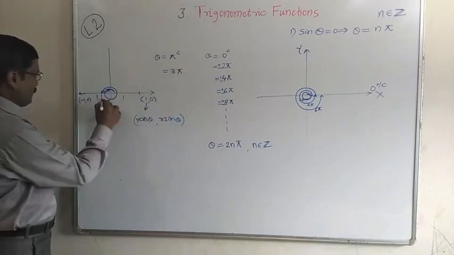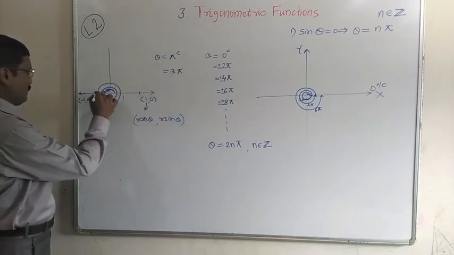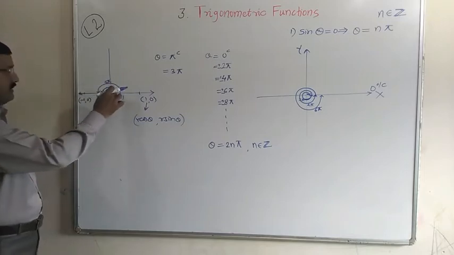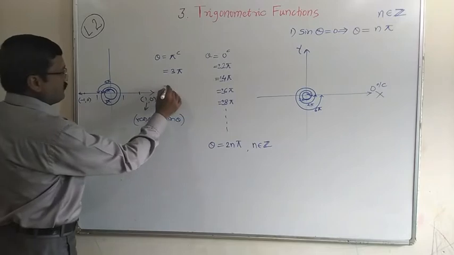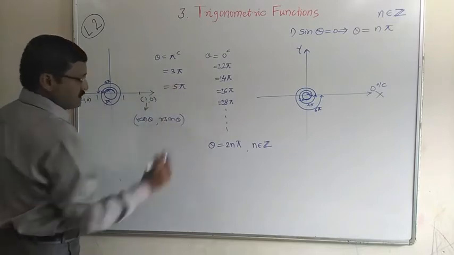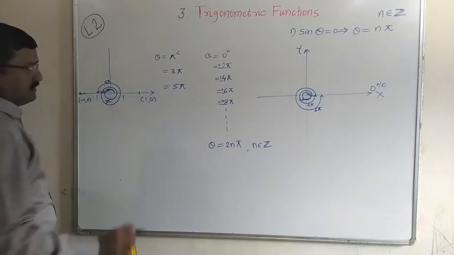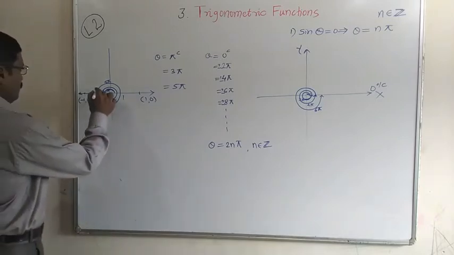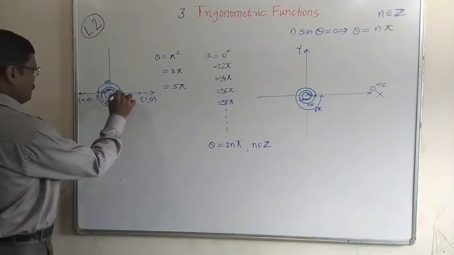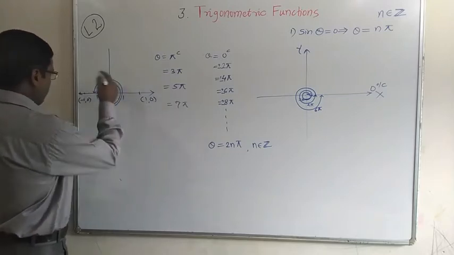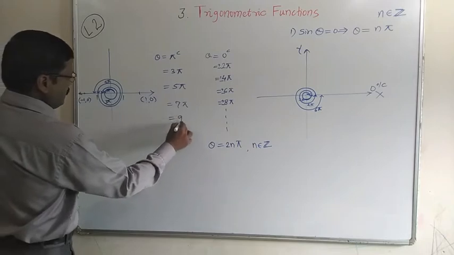In the same way, if we complete one more circle, this is 5 pi, because 2 circles is 4 pi plus this pi. So 5 pi is also a solution of this trigonometric function. Again, in the similar way, if you take one more circle, then the angle becomes 7 pi. If you again complete, then it will become 9 pi.